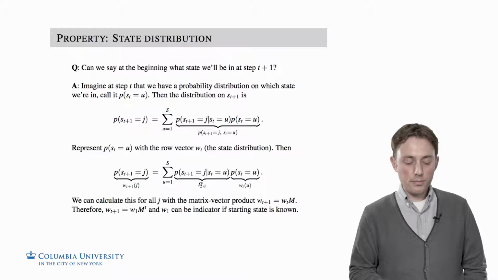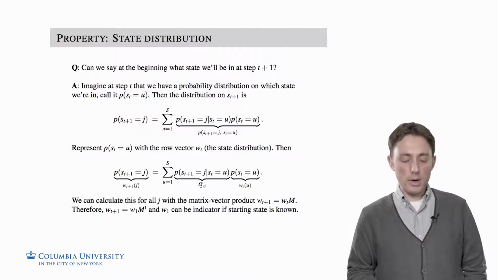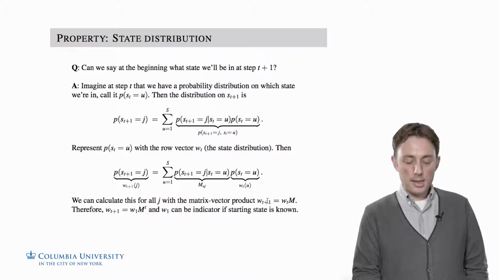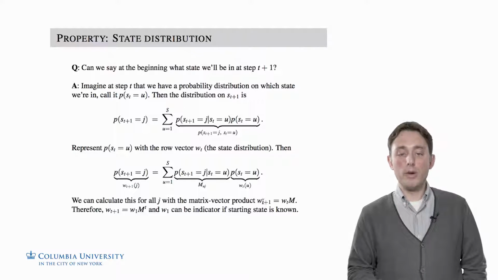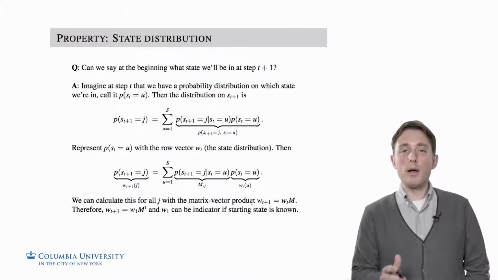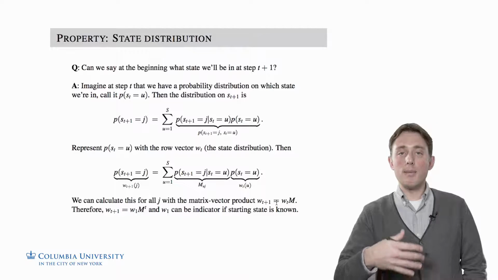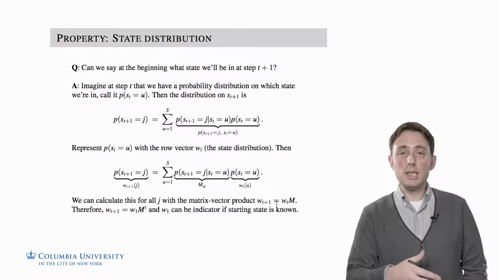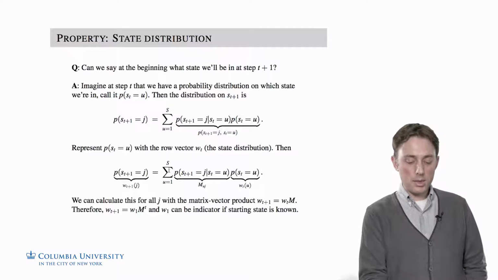So now we have a vector-matrix way of writing this: at time t+1, my capital S-dimensional row vector of the probability of where I'm at is equal to the same probability at time t, times the matrix M. That's what this sum is doing.